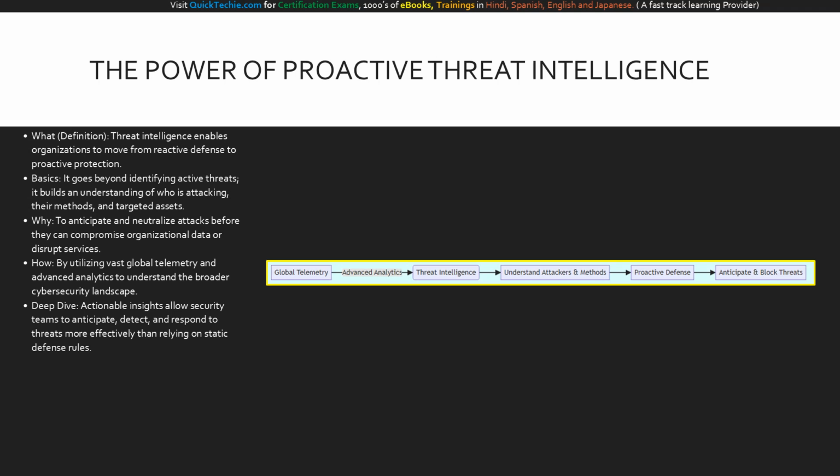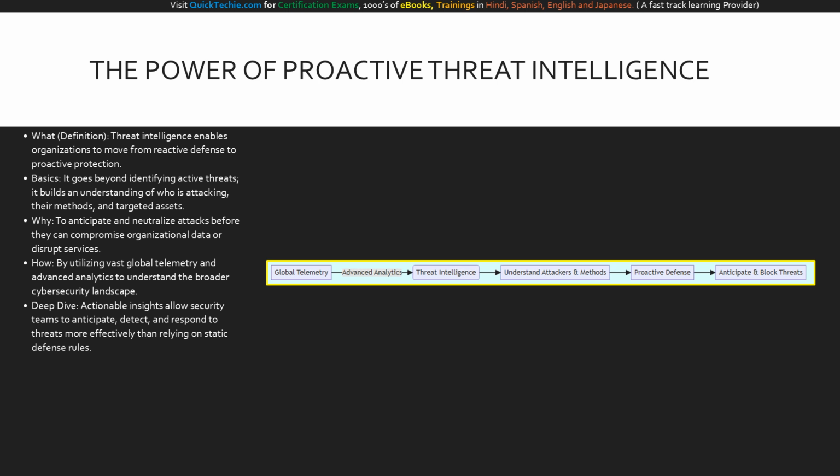Now, let's discuss the engine driving this system: threat intelligence. Threat intelligence is a cornerstone of modern cybersecurity, enabling organizations to move from a posture of reactive defense to proactive protection. In Microsoft 365, threat intelligence isn't just about reacting to an alert when a threat occurs.